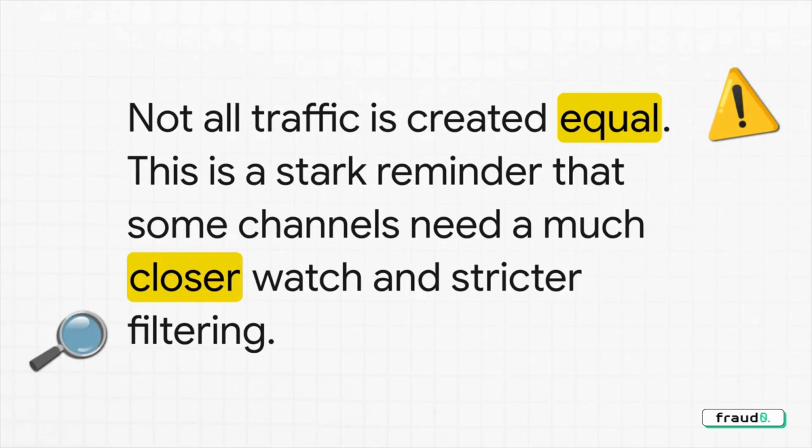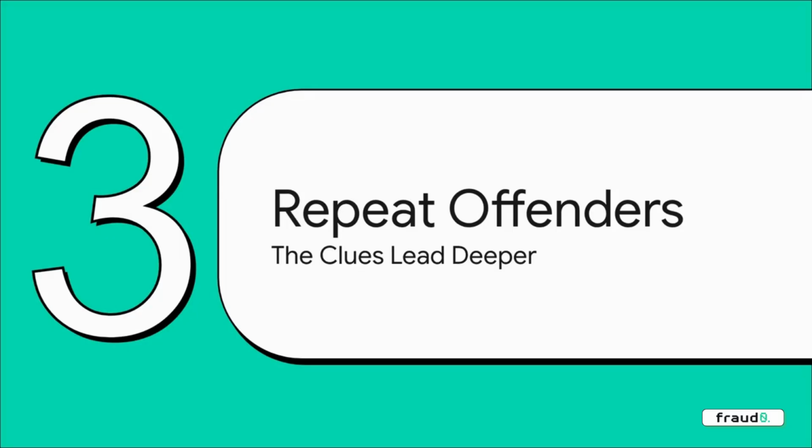And that right there, that's our first big break in the case. It's such a clear reminder that, nope, not all traffic is created equal. The very first step to fixing this is knowing exactly where to point your magnifying glass. But the rabbit hole goes deeper. It's not just about which channels are dirty, it's about specific culprits.